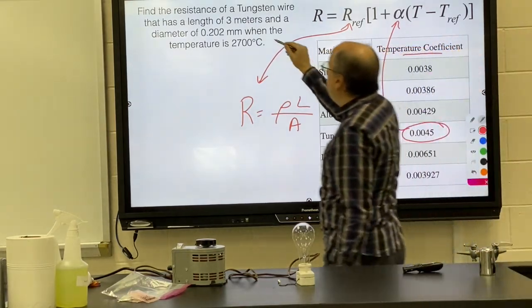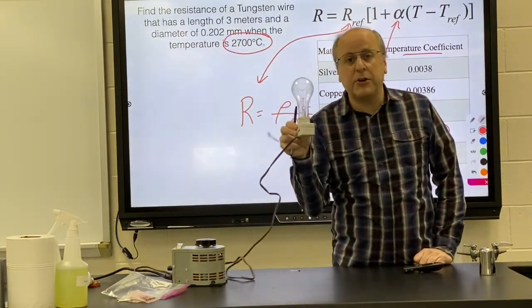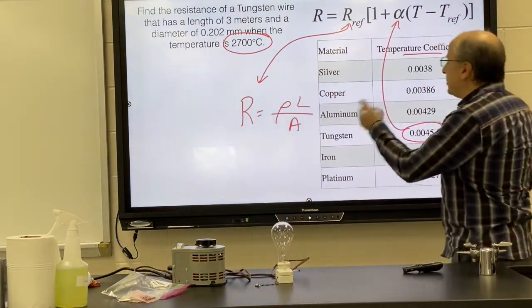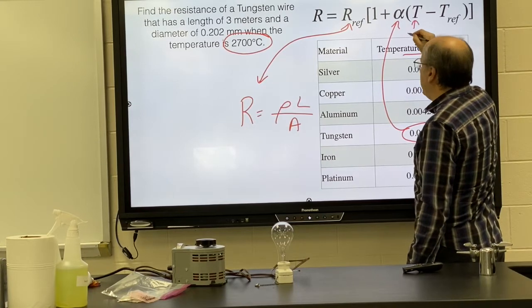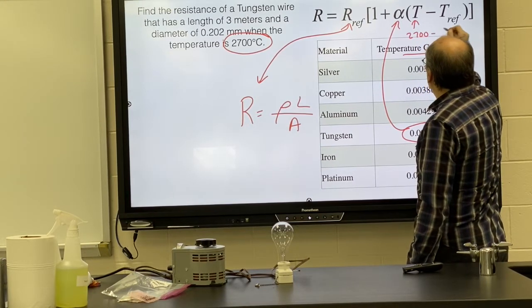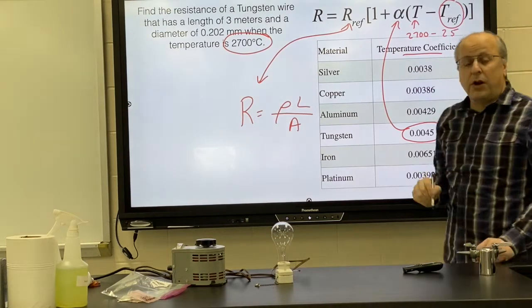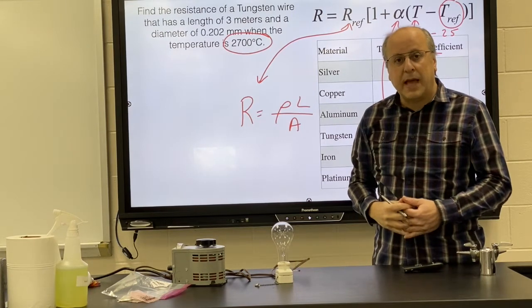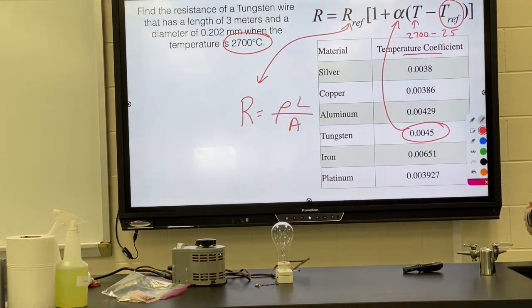You put the temperature it's actually being used at, and tungsten is the type of material you'd find in many of these light bulbs. So the temperatures are really high for those wires. That would get plugged in here. Then you plug in the reference temperature, and for us, all of our resistances are measured at 25 degrees Celsius.